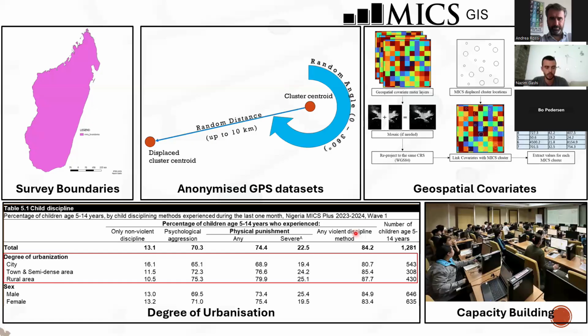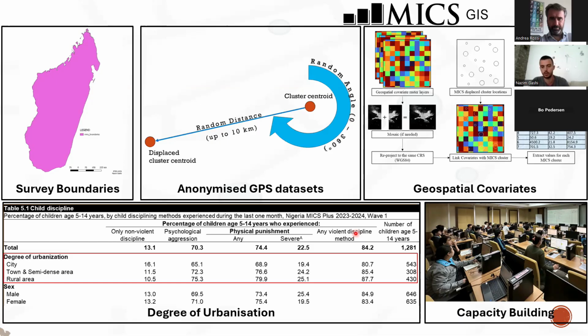Regarding GIS data, we are making available the shapefiles of survey boundaries, and the anonymized GPS data sets, meaning the anonymized displaced MICS cluster locations, in a shapefile format.